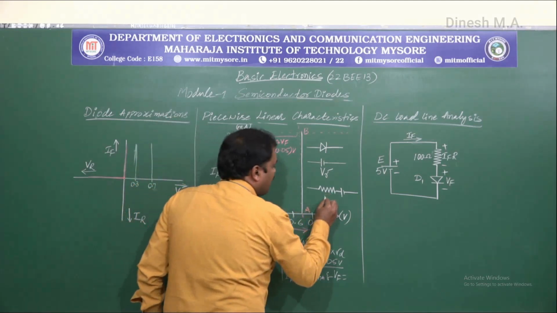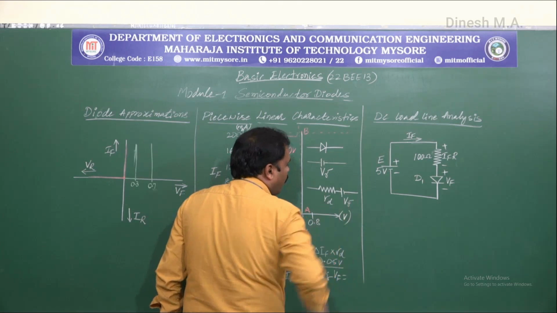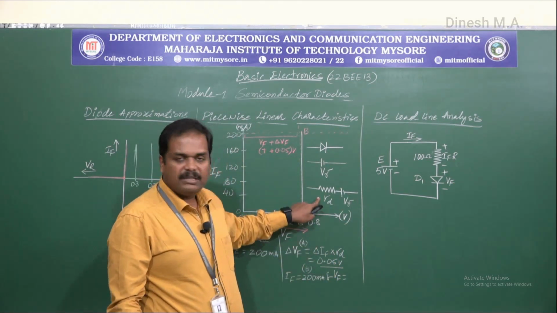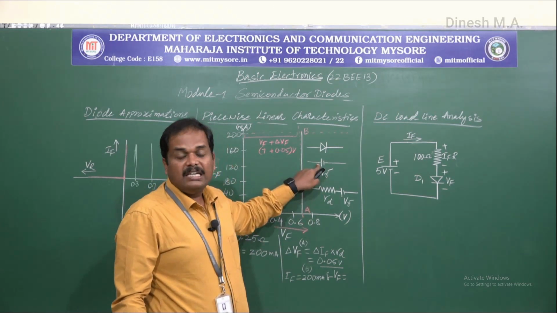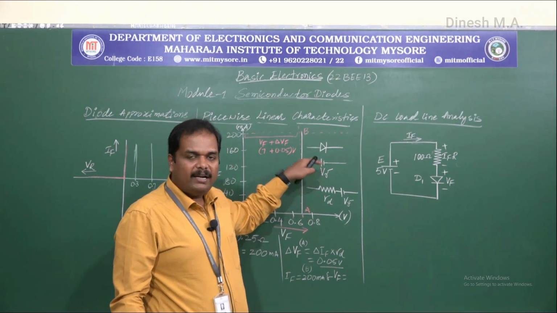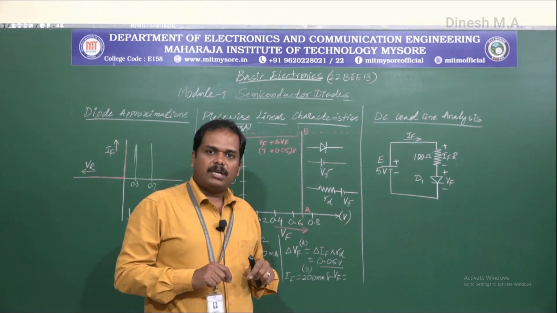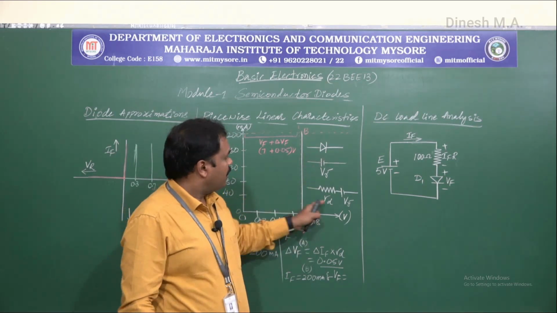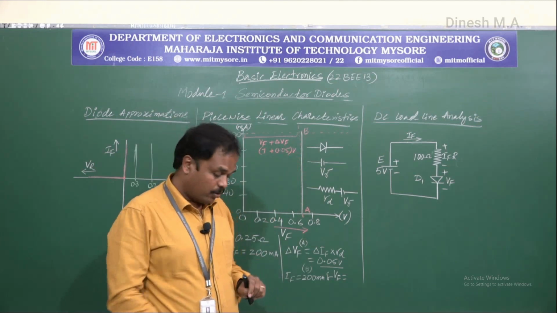So I'll represent this as RD and this as the forward voltage drop VF. So this represents the practical diode, this represents the nearby ideal diode, and the ideal diode would have an equivalent circuit as a simple wire, right? So these are the DC equivalent circuits for any diode.